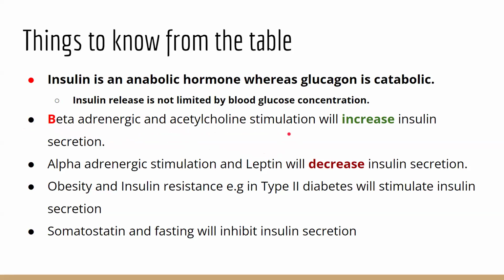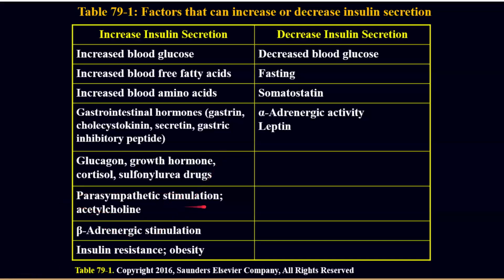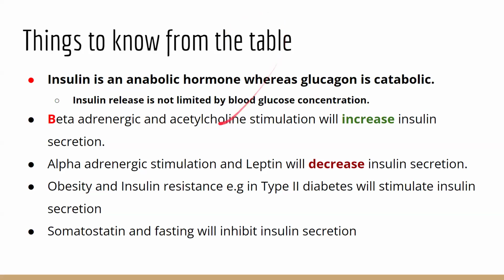Beta-adrenergic and acetylcholine stimulation. Like we mentioned earlier, acetylcholine is for parasympathetic stimulation. This will increase insulin secretion, and this makes sense when you're resting, all calm, you've had a meal, and you're not using up too much energy.